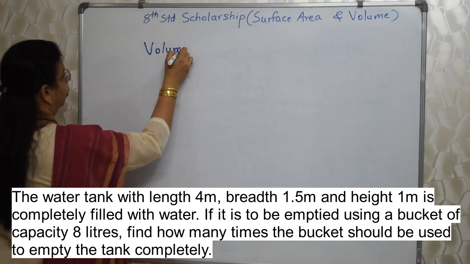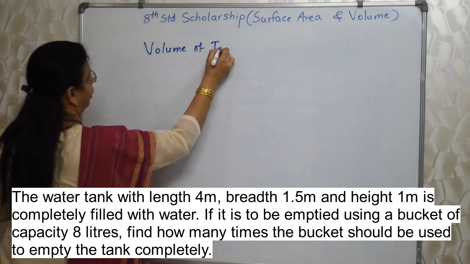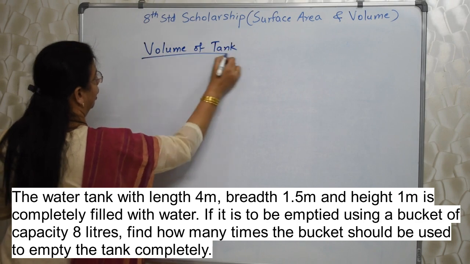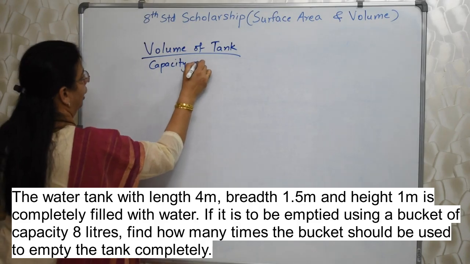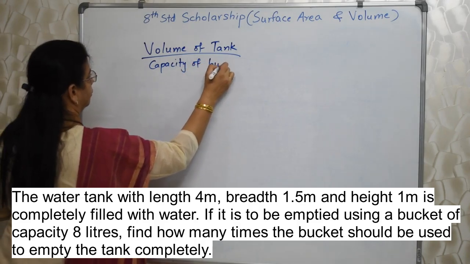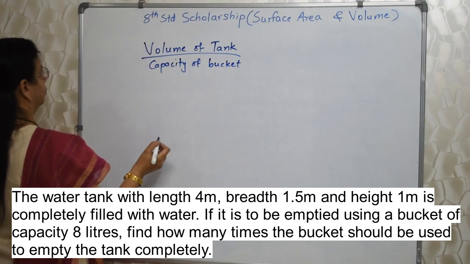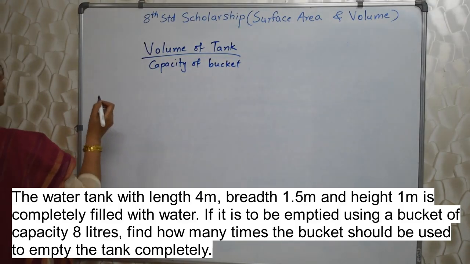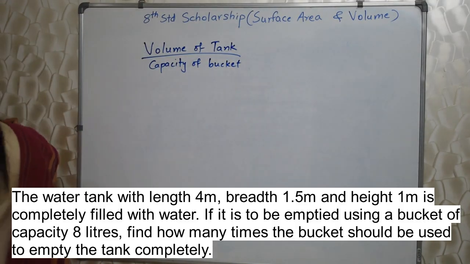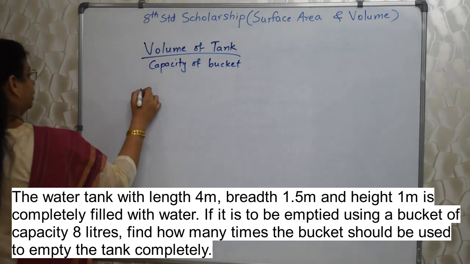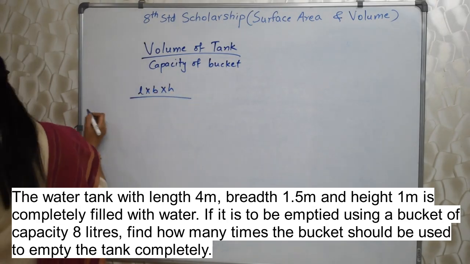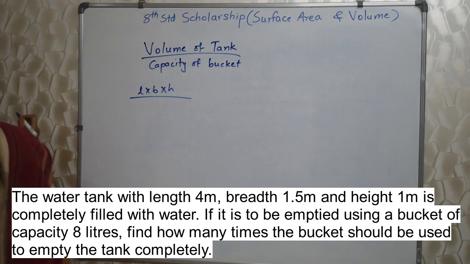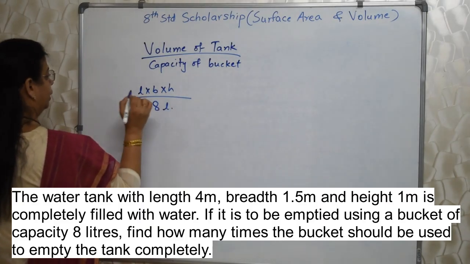So volume of the tank will be in the numerator, and volume or the capacity, which is the same thing, of that bucket will be down as a denominator. Tank is in cuboid shape, so length into breadth into height, this is a formula, and capacity of bucket they have given, right, that is 8 liters.